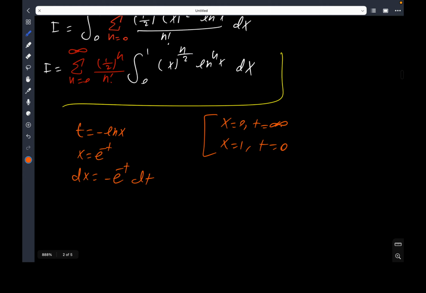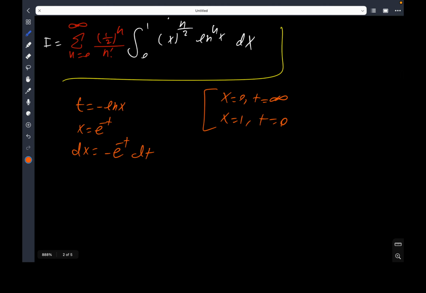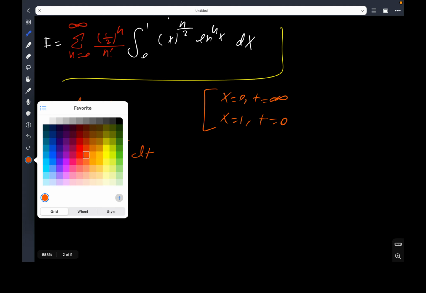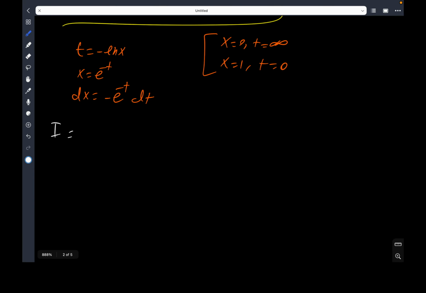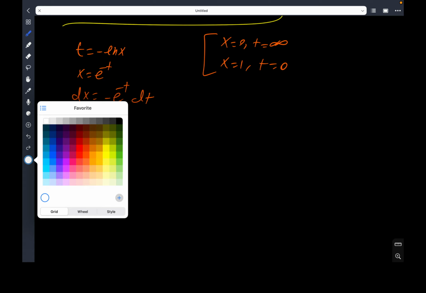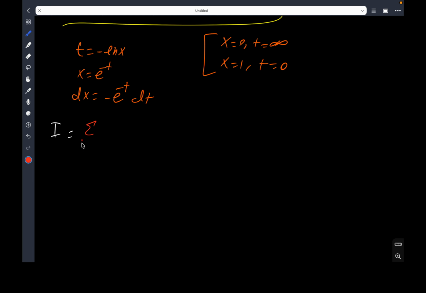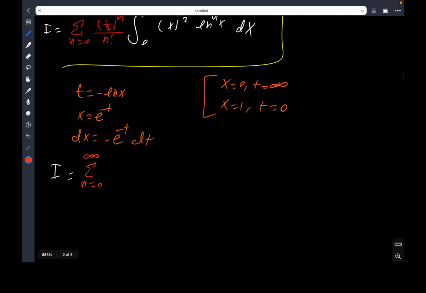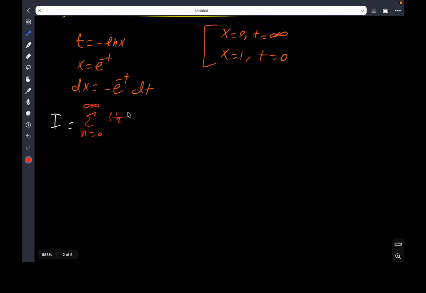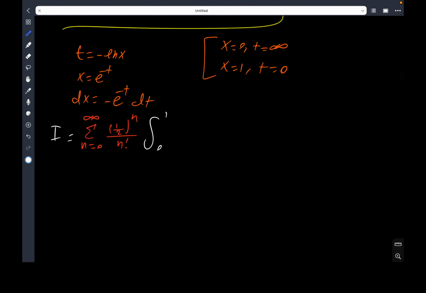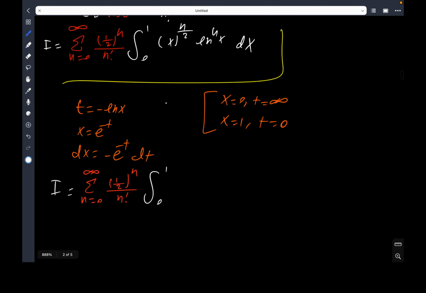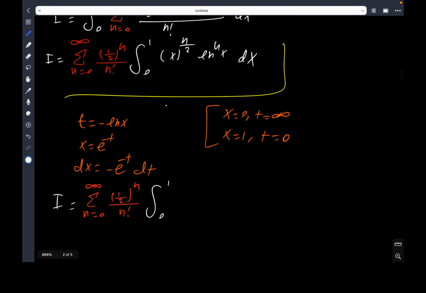Okay, now I can do this replacement here. That's my integral. It's going to be the infinite sum from 0 to infinity of half to the n over n factorial, the integral from 0 to 1 of. So my x here is e to the negative t, n over 2.